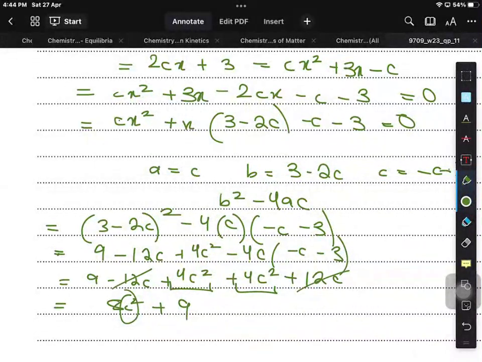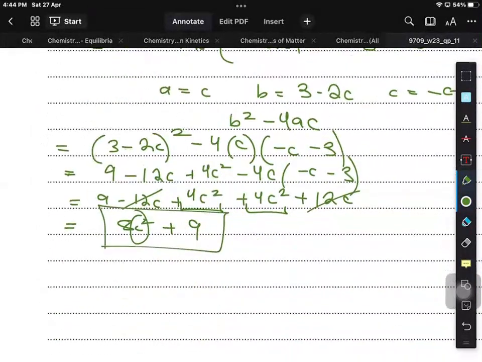So it's not possible that we are getting something negative for this whole expression, right? Whatever the value of c we put in here, we're going to get a positive answer, which is 8c squared plus 9, right? So we know that this is greater than 0, so we know that it intersects at any value of c.